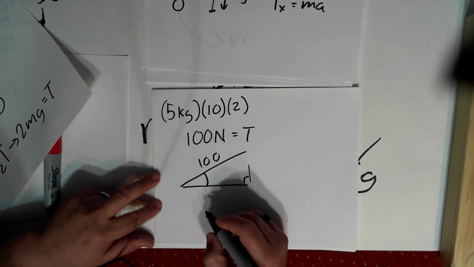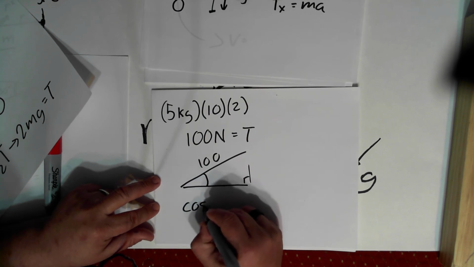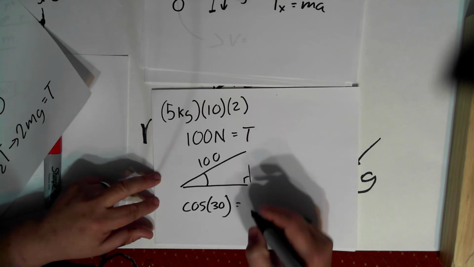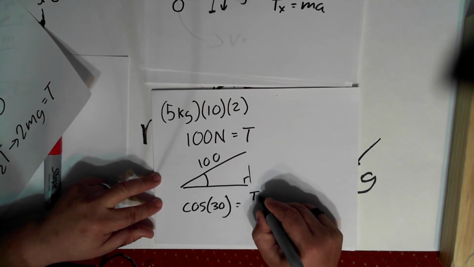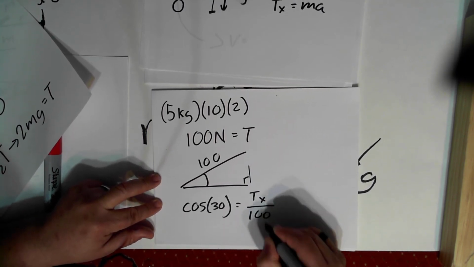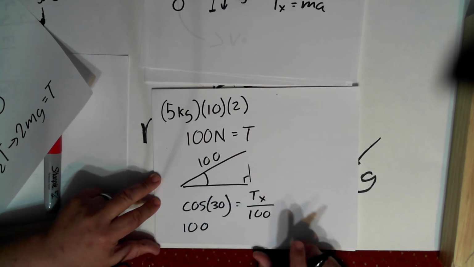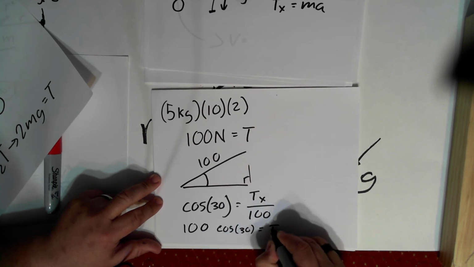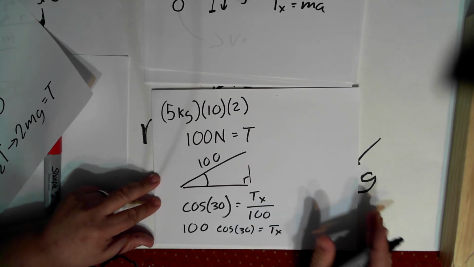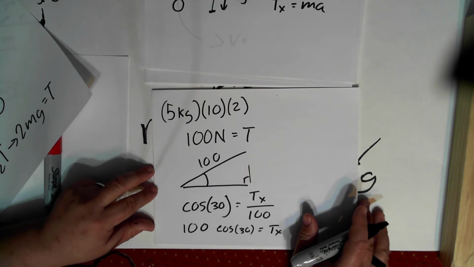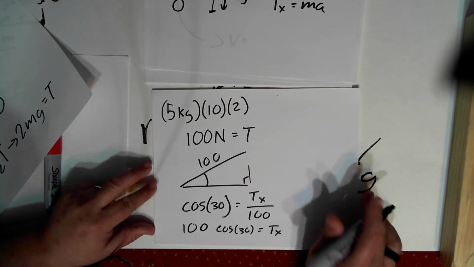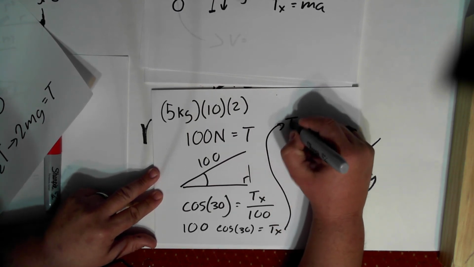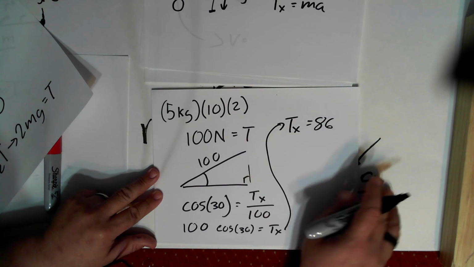So the cosine of 30 is equal to the adjacent over the hypotenuse, so that's my tx over my hypotenuse, 100. Times the cosine of 30 is equal to tx. The cosine of 30 is 0.86, so tx is equal to about 86. Cool?